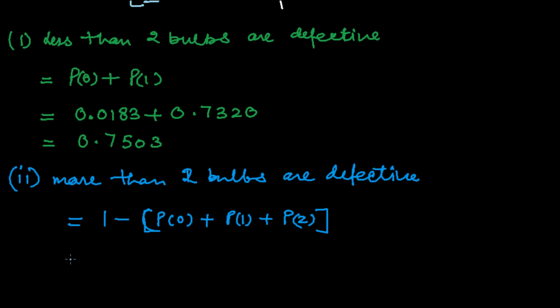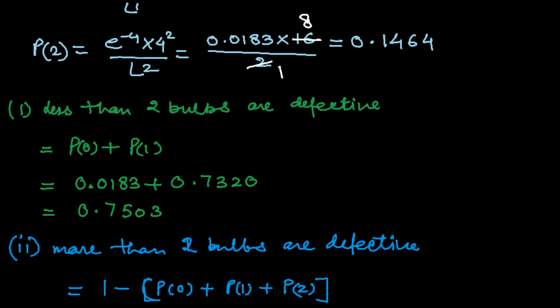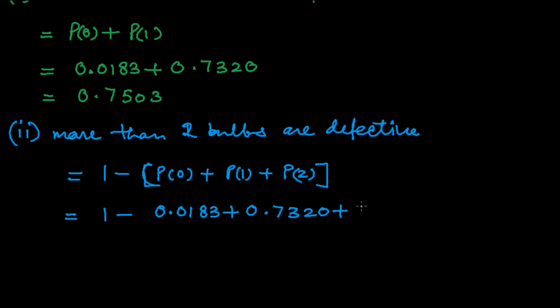So we write 1 minus 0.0183 plus 0.7320 plus, and P of 2 we know is 0.1464.